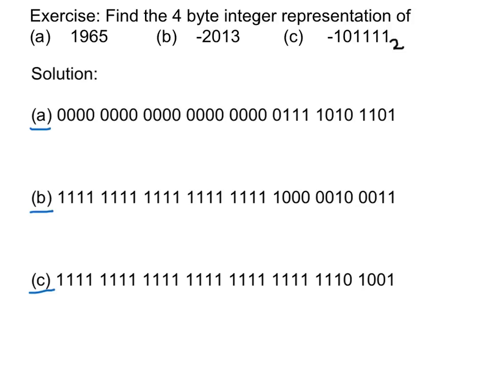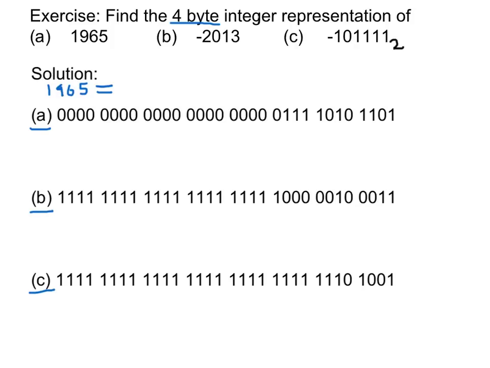So for part A, we wanted to represent the 4-byte integer representation of 1965. So remember again, 4 bytes is 32 bits. So your answer is always going to be 32 bits long. Now, how you do it is you take 1965 and you convert it to binary. And you have to go through hexadecimal for this because this number is too big to go directly to binary on your calculator.